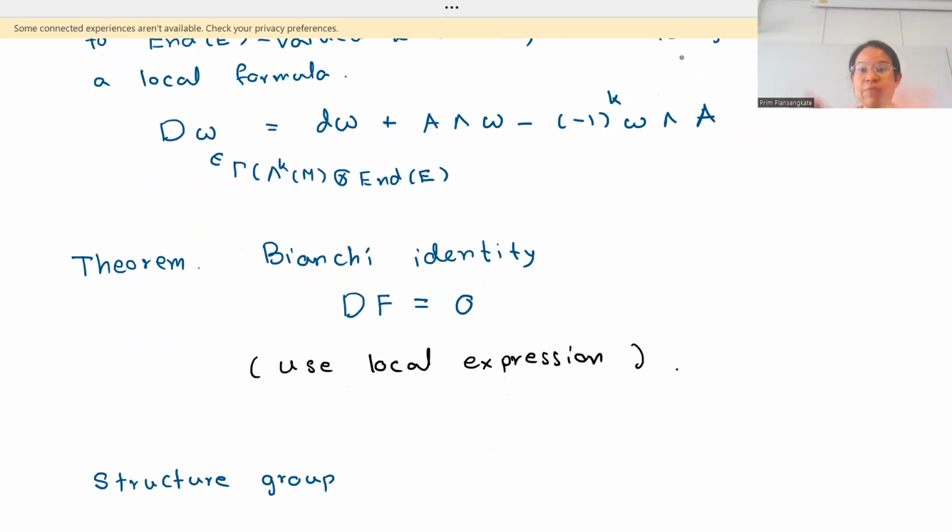It is information that we need to specify, especially when we look at reduction to integrable systems. So structure group or gauge group, the meanings are the same.